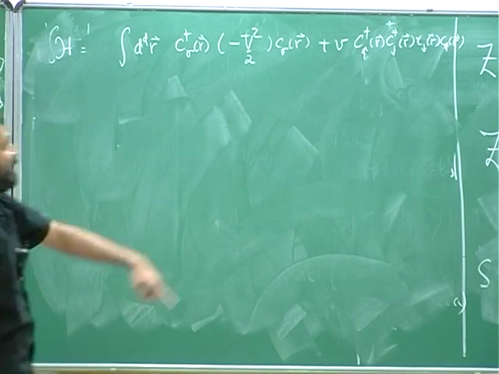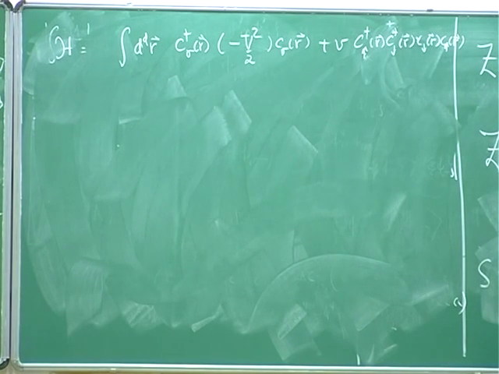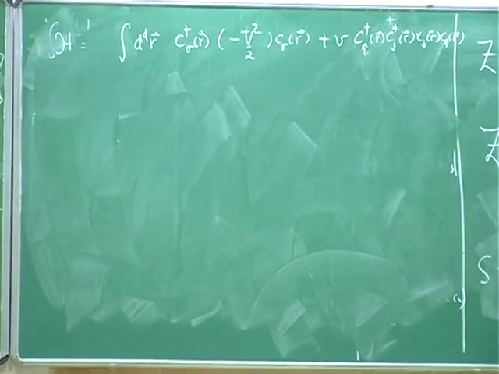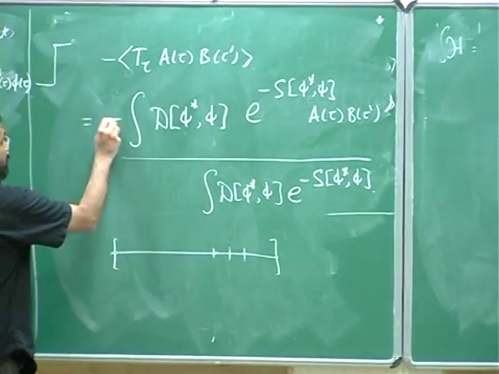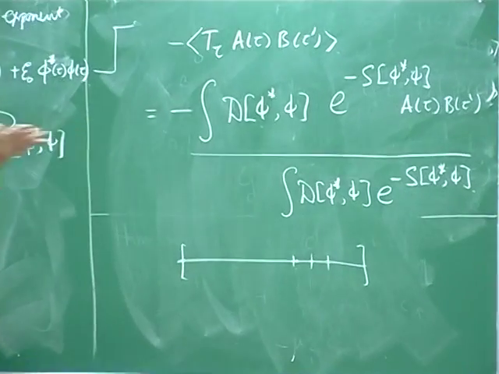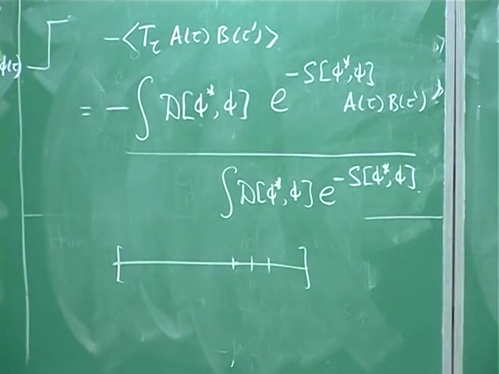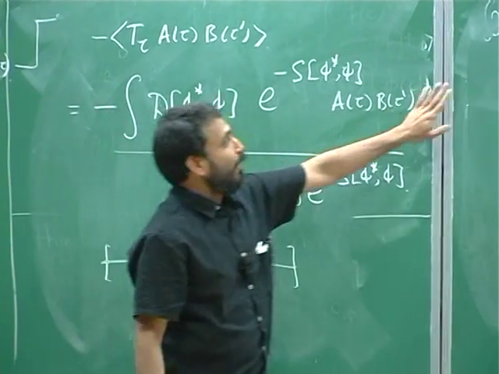This is what I had done. I have missed a minus sign in the RHS, this is correct. Yeah, time ordering goes away, minus signs don't.